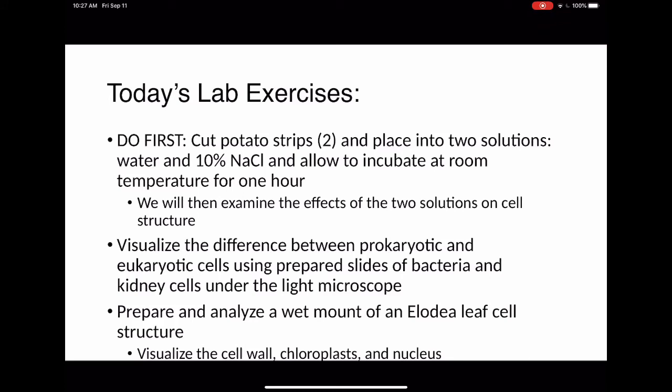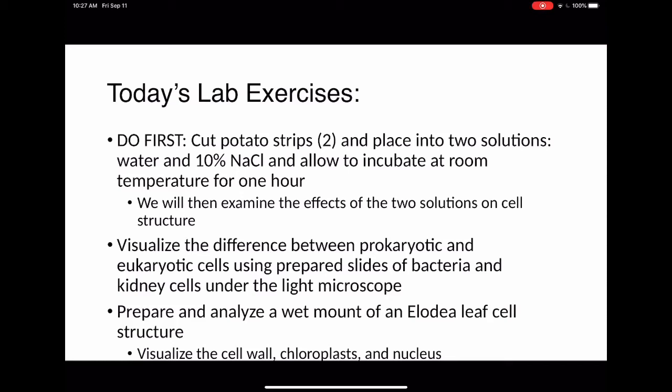All right, so these are the lab exercises that we would have been completing in our class. I'm going to do the potato strip experiment and show you how salt concentration affects the rigidity of the plant cells. You would have also visualized the difference between prokaryotic and eukaryotic cells.